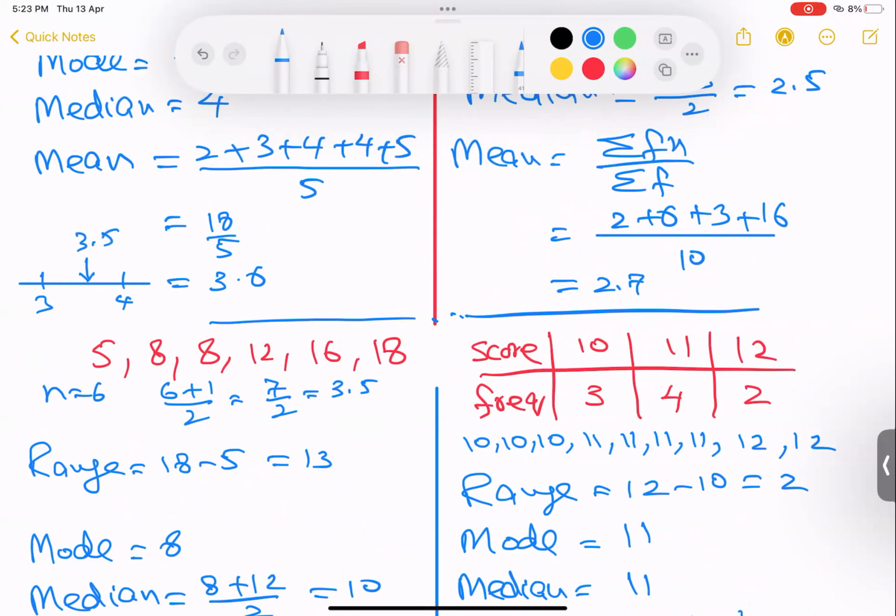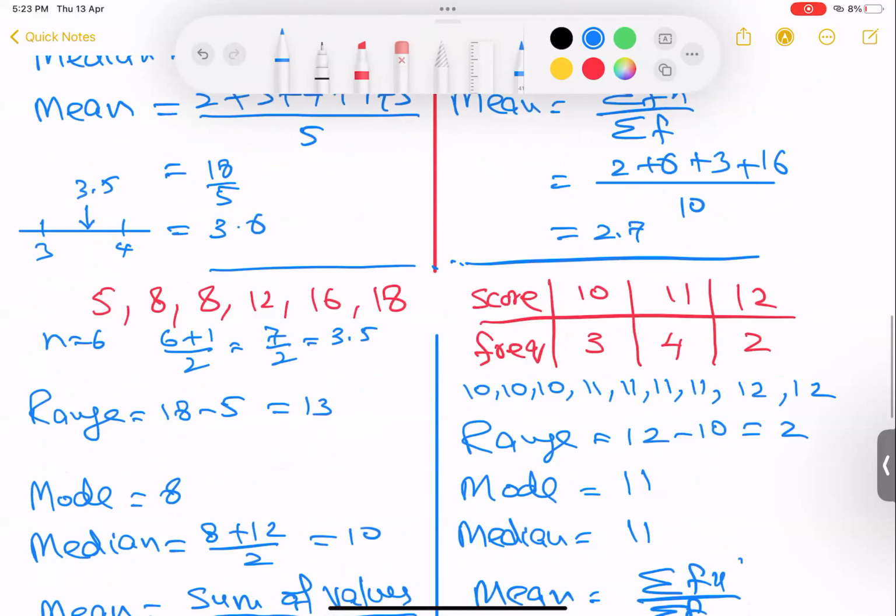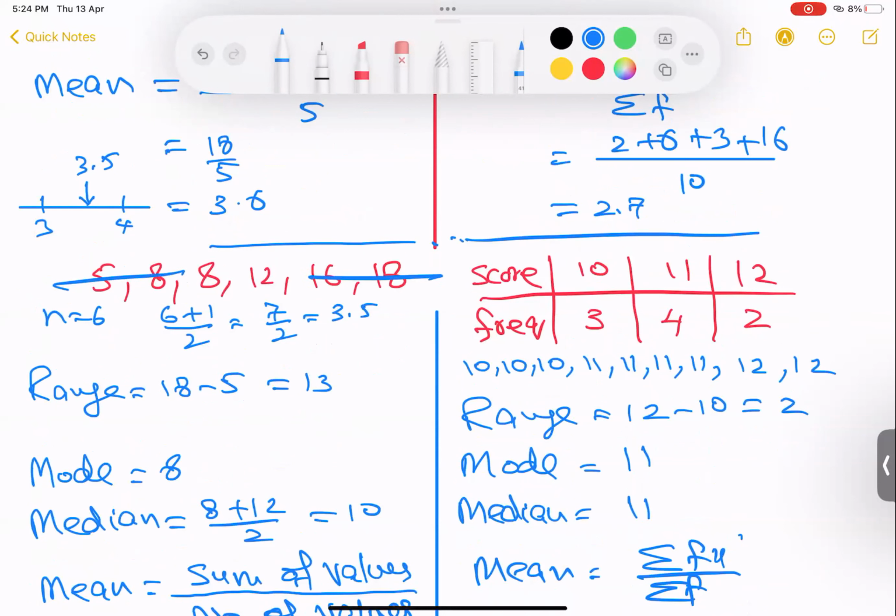I believe you got my point. Okay, so the third term and fourth term, check it. 2 gone, 2 gone. These two numbers. My question, what is 8? What is 12? Term number 1, term number 2, term number 3, term number 4. So indirectly, I am taking the third term and fourth term. Indirectly, I took the third and fourth term, and I believe you got the formula clear. And this I'm doing not manually.